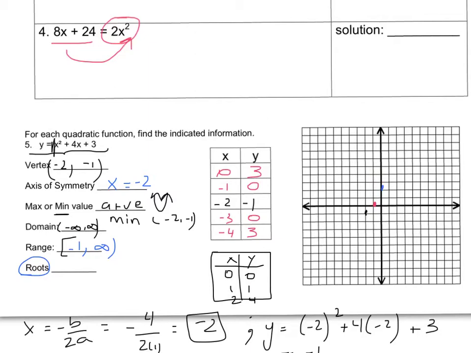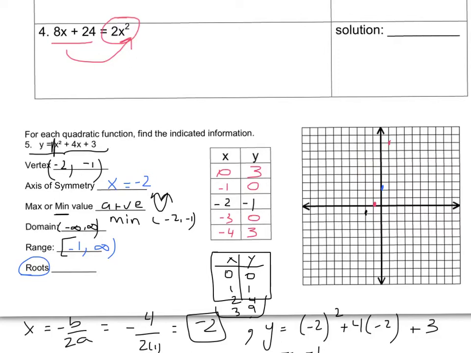You always start with the vertex and you count, and the third is going to be 3, 9. This is if you continue the parent function. The reason why we're using the parent function is that a is 1. So let's continue. So 9, you can count 1, 2, 3, 4, 5, 6, 7, 8, 9, and then 3 to the right. So it's going to be a point over here.